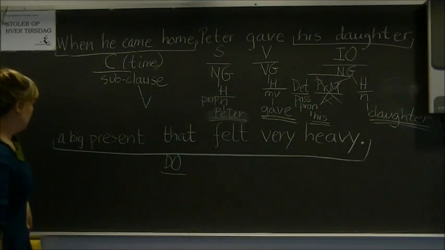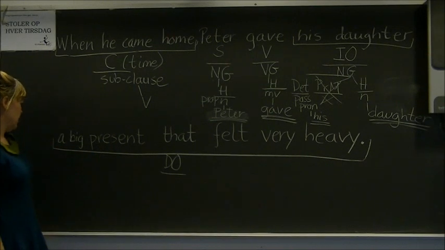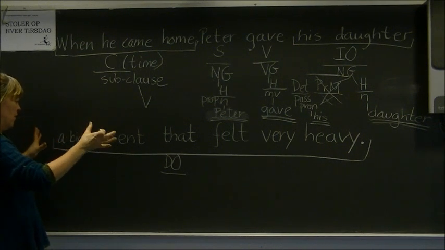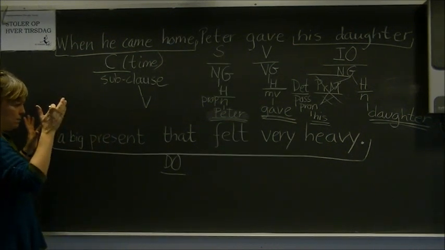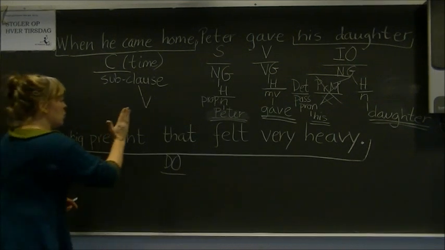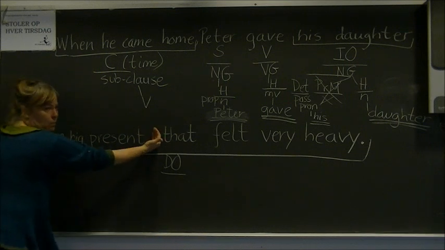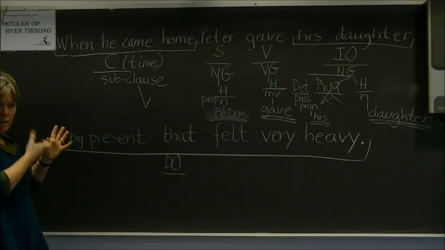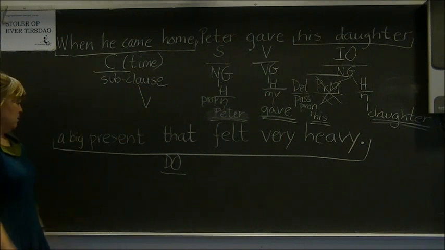Then we get to the long direct object here, a big present that felt very heavy. And as I said before, all of this belongs together because it can all be replaced by one pronoun. So it's not only this part, a big present, that is the direct object. It's all of it that goes into something or it. What did he give?